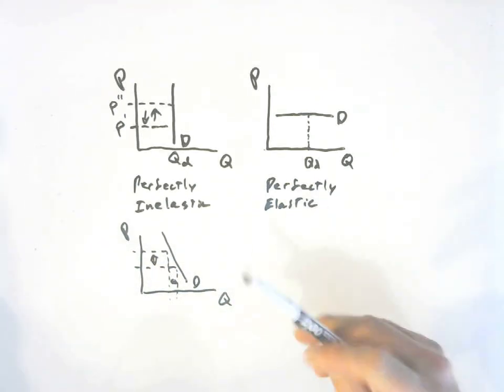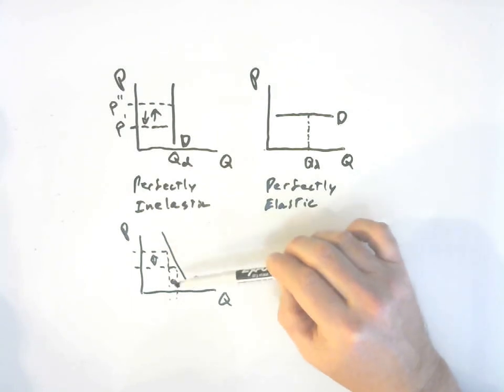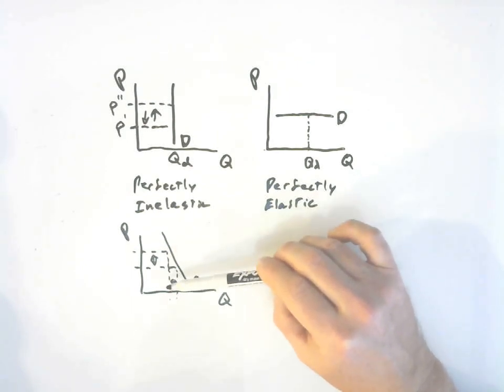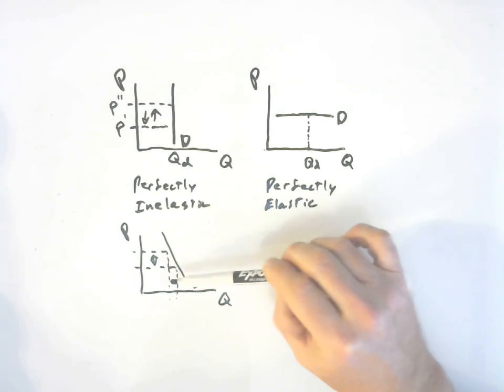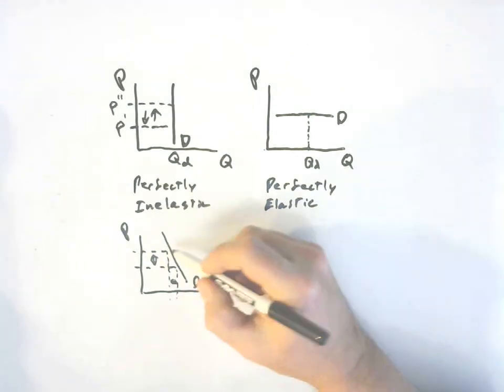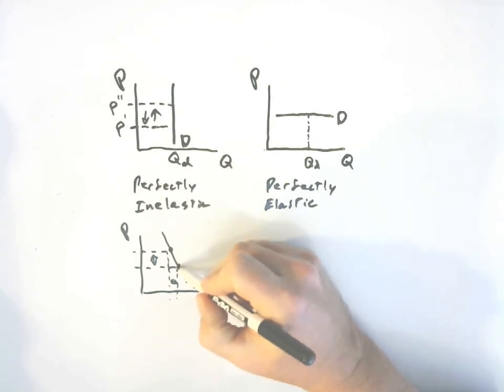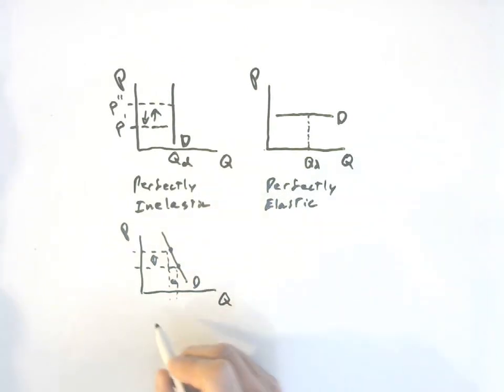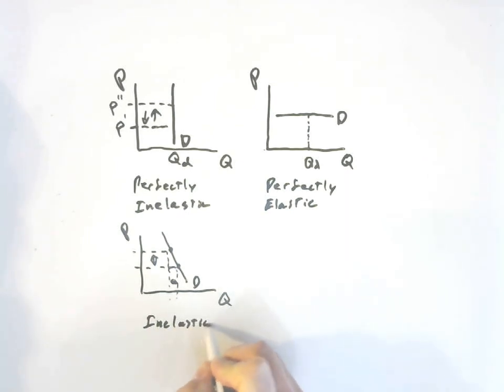So I raise the price by some amount, I get a relatively small fall in quantity demanded. I lower the price by some amount, I get a relatively small increase in quantity demanded. In other words, the curve is relatively steep. We simply call this inelastic demand.